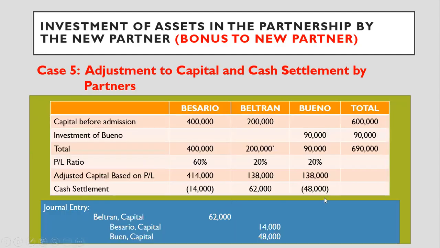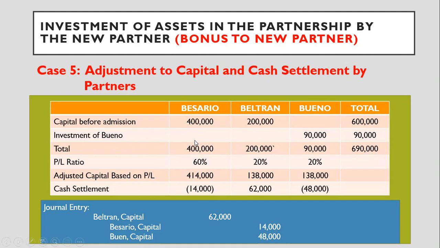So this is how we will determine whether there is a cash settlement. We have Bisario, Beltran, Bueno. Capital before admission: Bisario 400,000, Beltran 200,000, a total of 600,000. Bueno invested 90,000, so the total capitalization now will be 690,000.